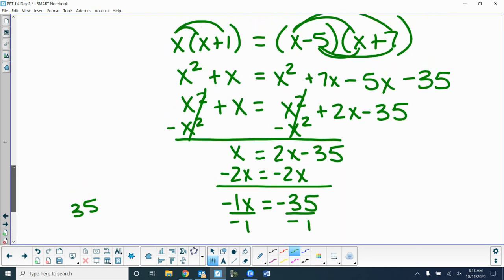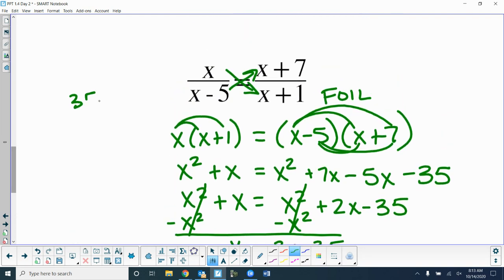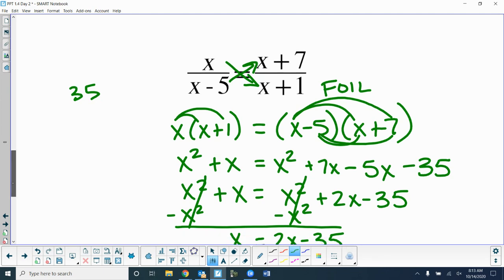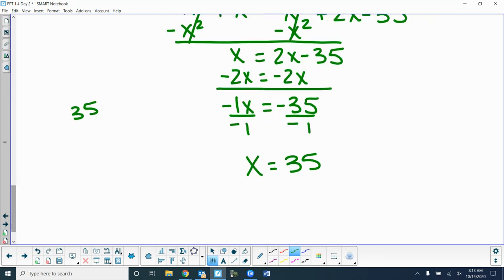Oops. Started moving on me. Okay. Will I get a 0 in the bottom if I put 35 there or there? No. So is 35 okay? Yeah, that's okay. Remember, always check. Make sure it doesn't give you a 0 in the denominator of the original problem.